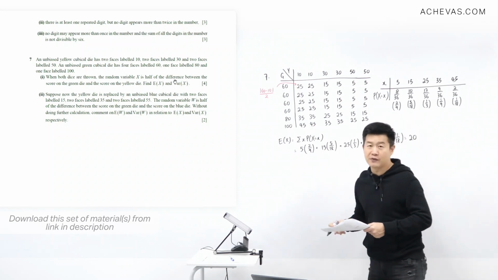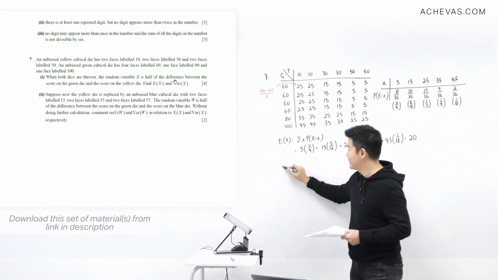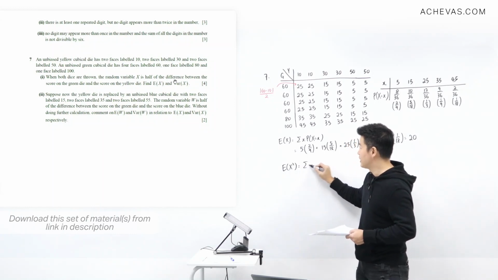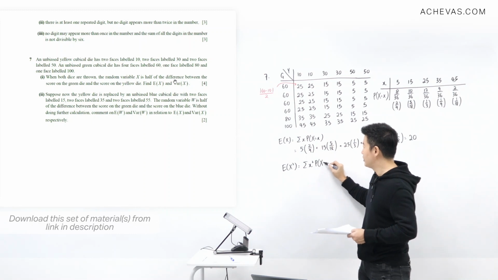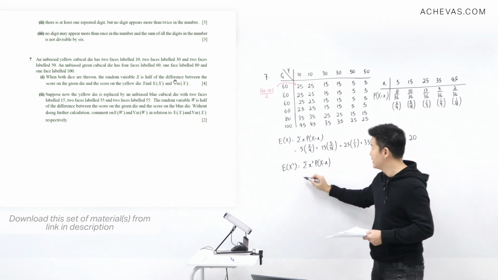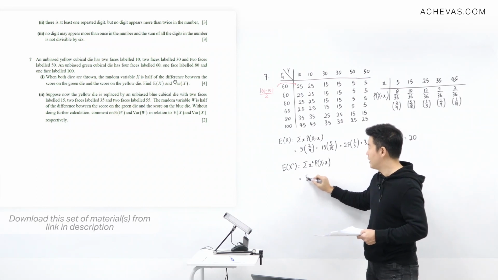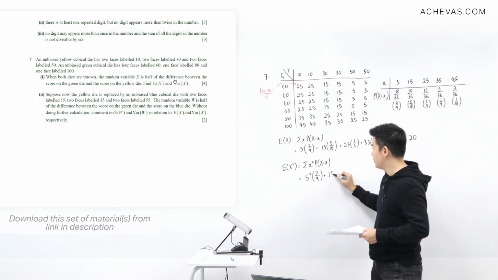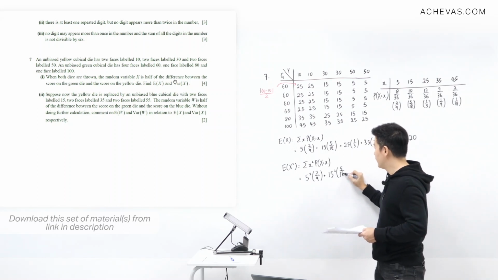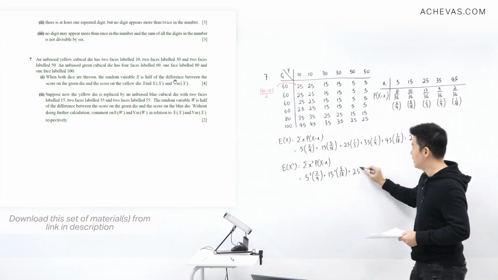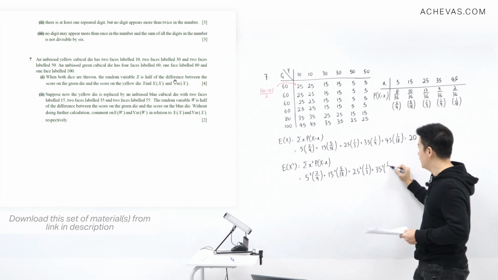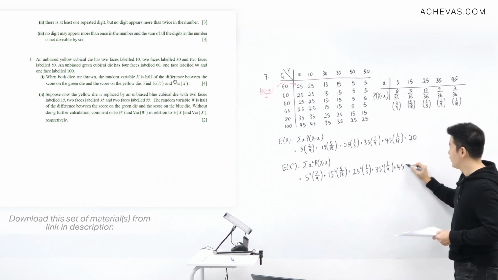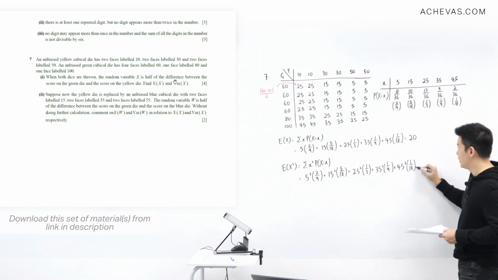Next, we are going to try to find the variance for x. And to find the variance for x, let us first find the expectation of x squared. So this is going to be the summation of x squared multiplied by the probability that x is equal to x. And this is equal to 5 squared, 2 over 9, plus 15 squared, 5 over 18, plus 25 squared, 1 over 3, 35 squared, 1 over 9, and 45 squared, 1 over 18.